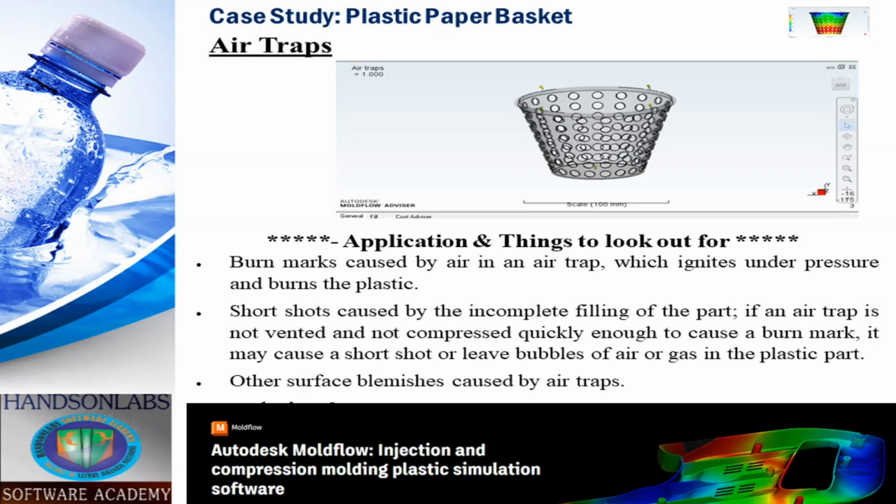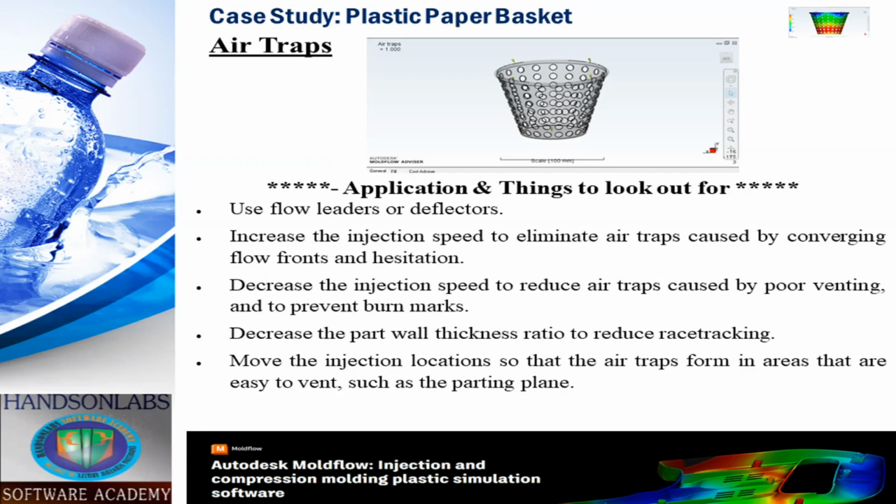Then the other things that you can see from the air traps include using flow leaders or deflectors, increasing the injection speed to eliminate air traps caused by converging flow front and hesitation. All right, then decrease the injection speed to reduce air traps caused by poor venting and to prevent burn marks.